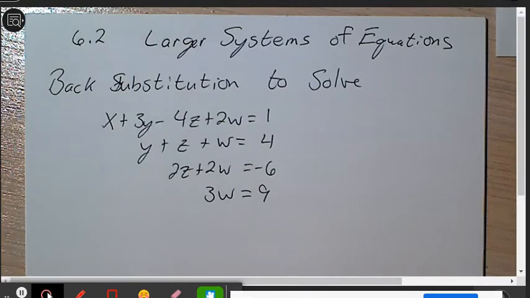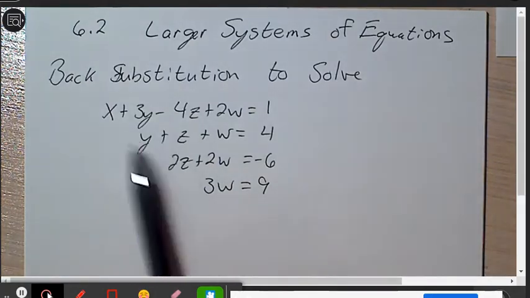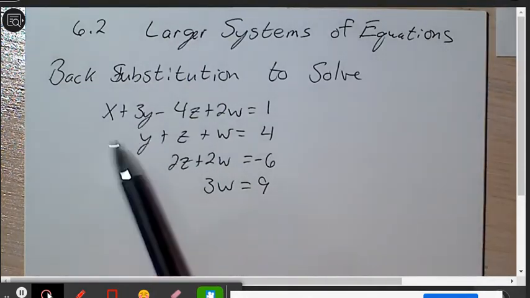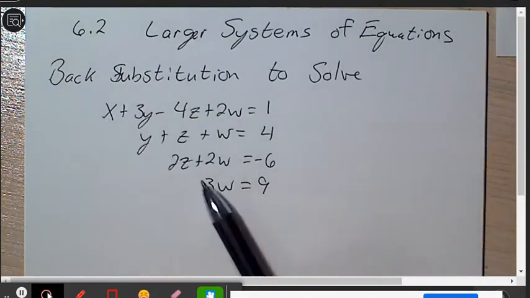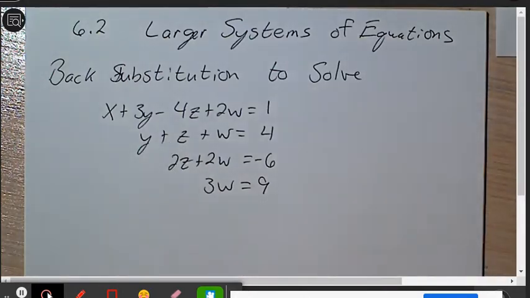They may give you a system that may look something like this. And more than likely we would eventually have a system where maybe this starts with x on all three of these equations, or maybe even all four of these. And eventually you're going to narrow it down so that it has this tapered look to it. So that when you solve it, you get it down so that you've got one variable here, you've got two, and you've got three.